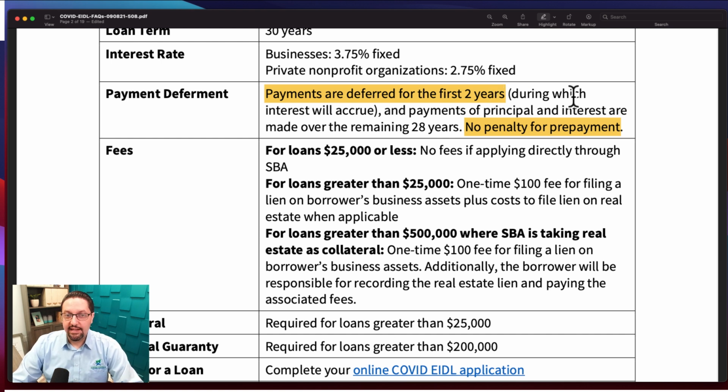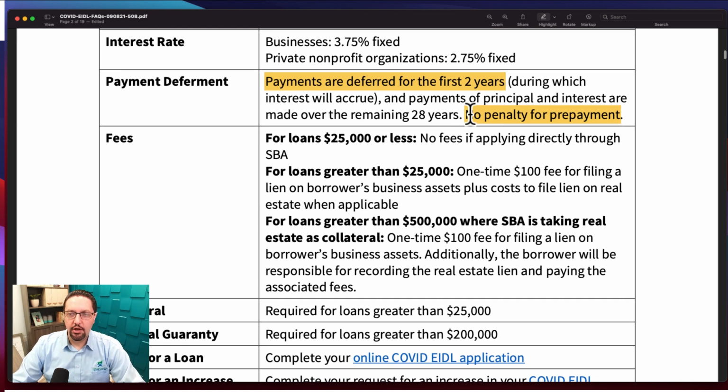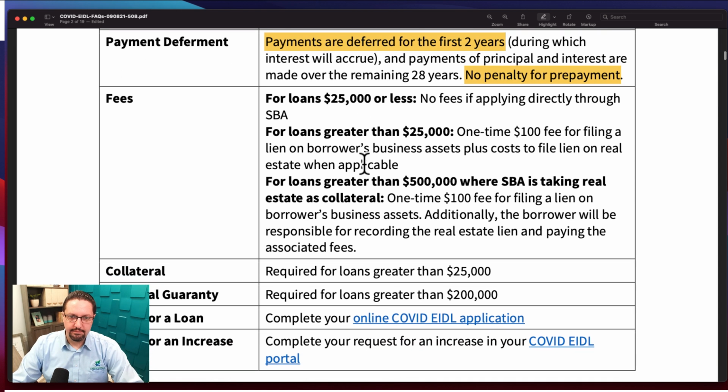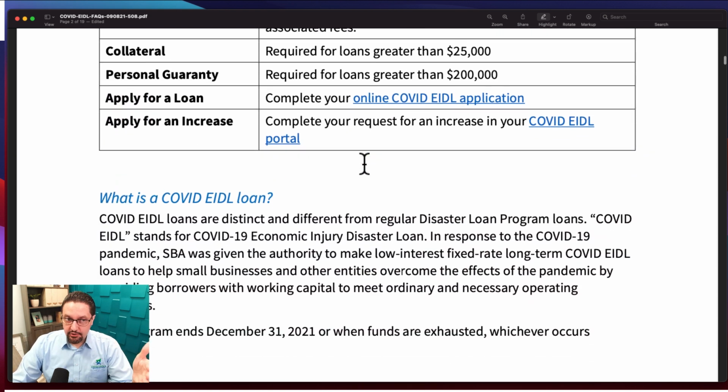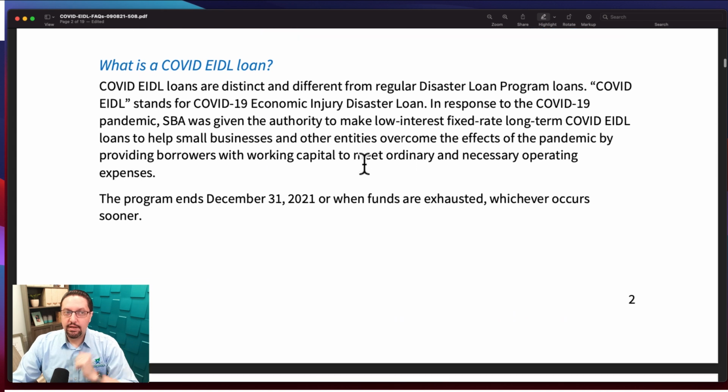Now, remember that the interest does accrue during that time. Very important to know also that there's no penalty for prepayment. So you can prepay your EIDL loan at any point and there's no penalty for prepayment. Once again, there's a lot of good information in this document that you should download and read.